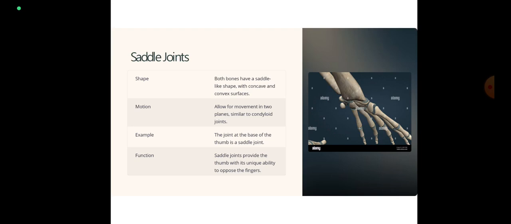In this, the convex head of one bone fits into the other bone. The articulating surfaces are reciprocally saddle shaped, concave and convex. This unique articulation is a modified condyloid joint that allows a wide range of movement.